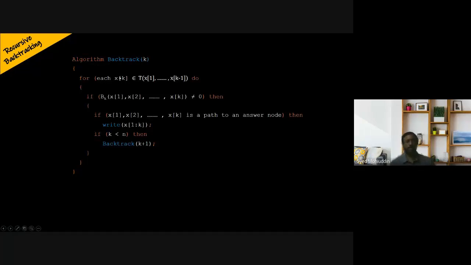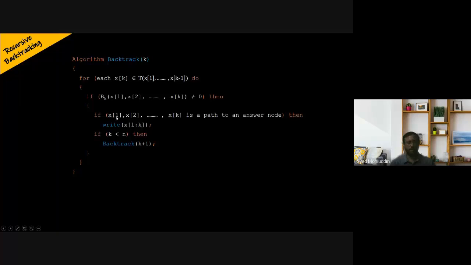For each x of k belonging to the tuple, we check if b, the bounding function, is not equal to 0. That means the bounding function is true, so we can expand the node. Otherwise, if the bounding function is false, we kill that node and don't expand it.